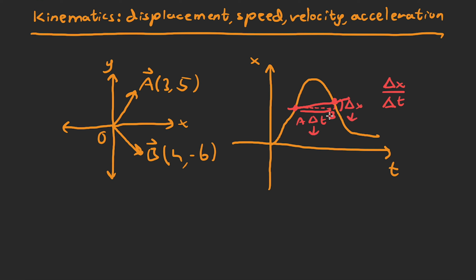lower these values? Let's say that this is point E. Let's make it closer. Let's say that this is point C. And let's take the slope between these 2 points.